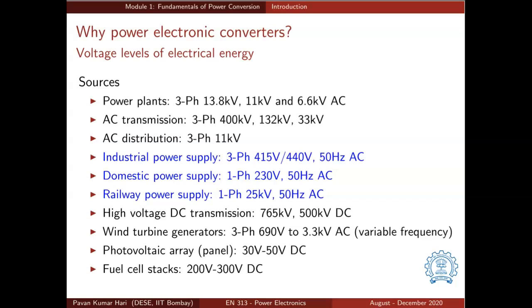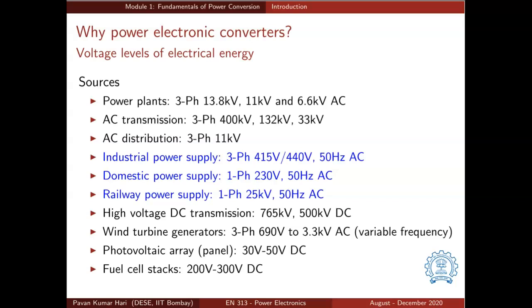The frequency of generation typically depends upon the speed of rotation. So the speed of rotation could be decided by the wind speed, which is unpredictable. Yeah, it can be predicted, but then it is not controllable. So the frequency of generation keeps varying, while we need to interface these generators with our fixed frequency grid. So power electronic converters are needed for this purpose.